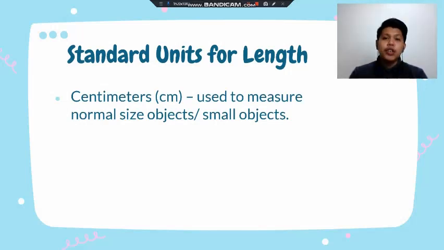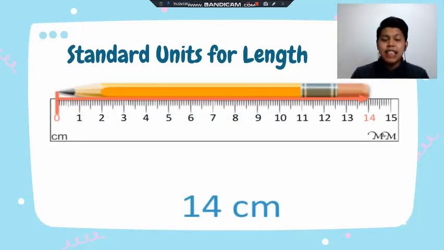It is used to measure normal sized objects. An example of this is a pencil, a normal size pencil where you can use a ruler to measure it. You can also measure a water bottle using a ruler, or maybe a phone.